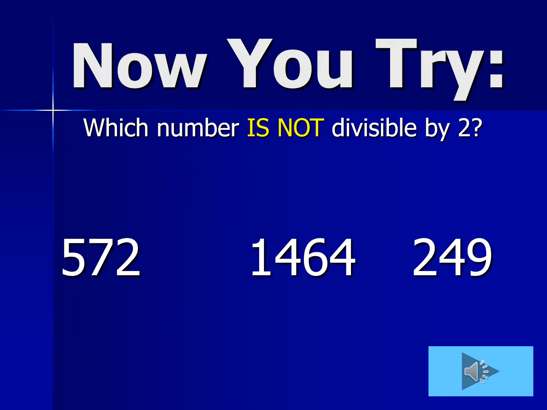So now let's try with these numbers. Among these three numbers, which is not divisible by 2? So you have 572, 1464 and 249. So clearly 249 is not divisible by 2 because the last digit, or the digit at the ones place, is 9, which is not an even number.